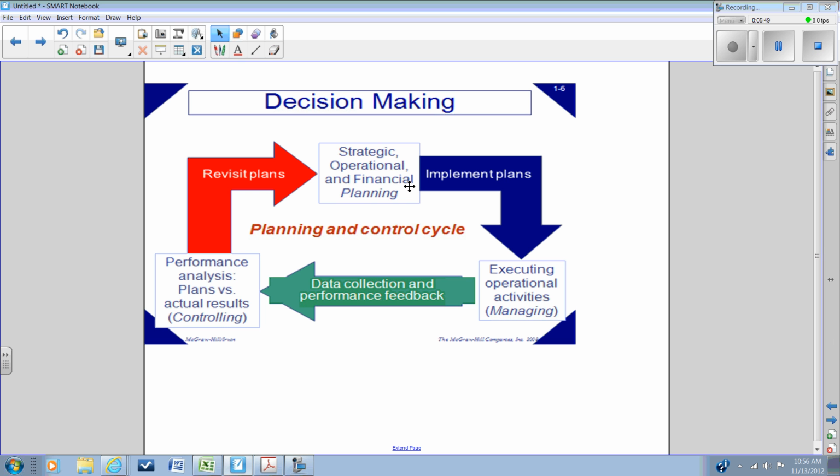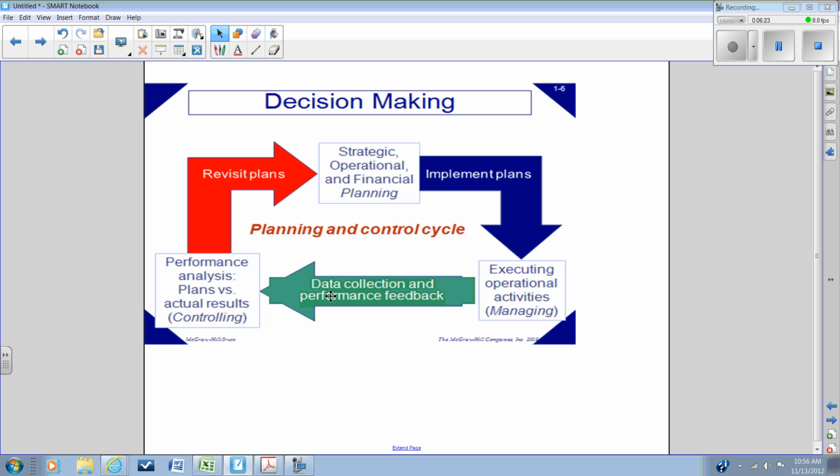We will then take these plans, develop, particularly in the financial area, a budget, and then we will implement our plans. Once the plans are implemented and put into operation, we're going to be collecting data. This data will be used by management to ensure that the plan is coming to fruition.